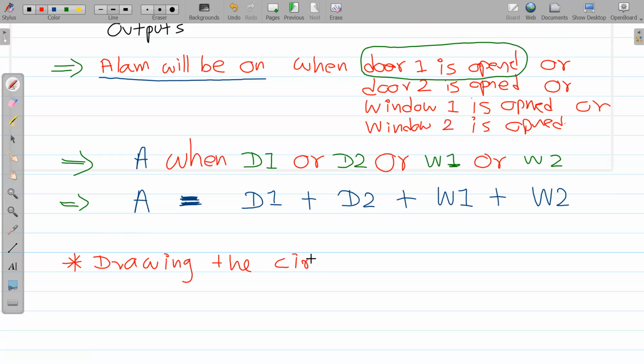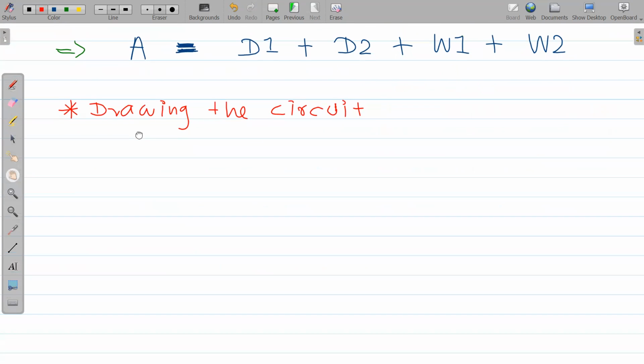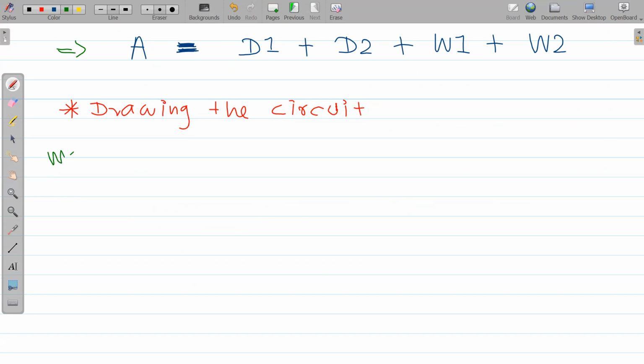So we have the expression at the top. This is method 1. Right, we can easily draw something like this.